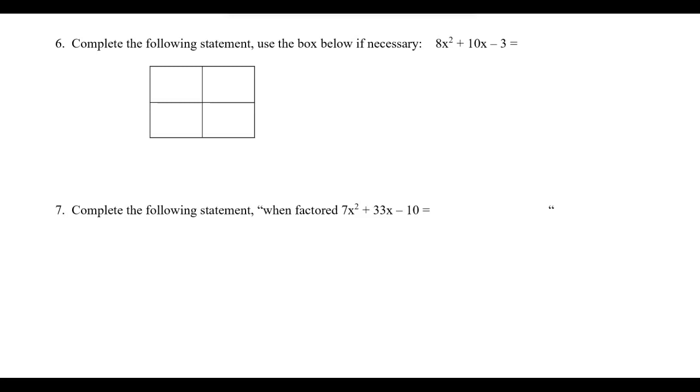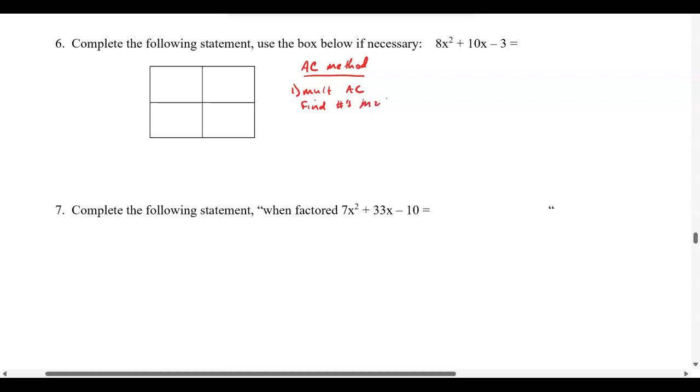So as we move along, we're going to use a method called the AC method. The first thing we're going to do is multiply A times C. And then we're going to find the factors that multiply to equal AC and add up to B. So in this case, right away we know 8 times negative 3 is going to be negative 24.